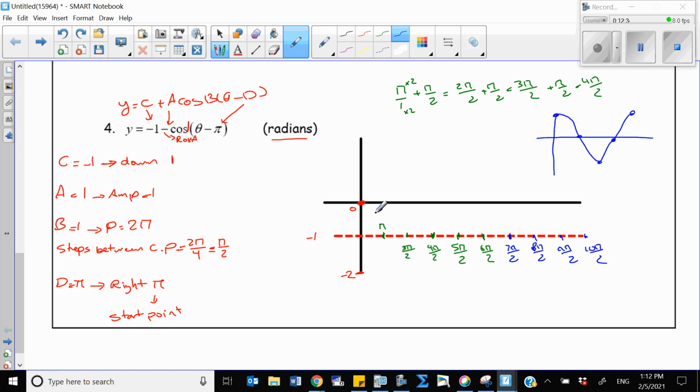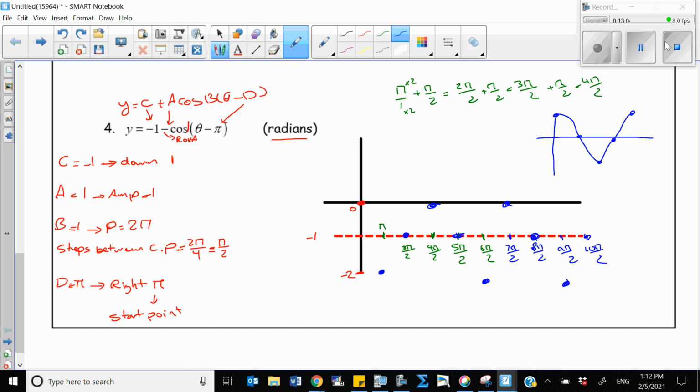I start from pi, and instead of a high point here I put a low point. The middle point stays the same, because reflecting it changes nothing. Then a high point, middle point, low point.